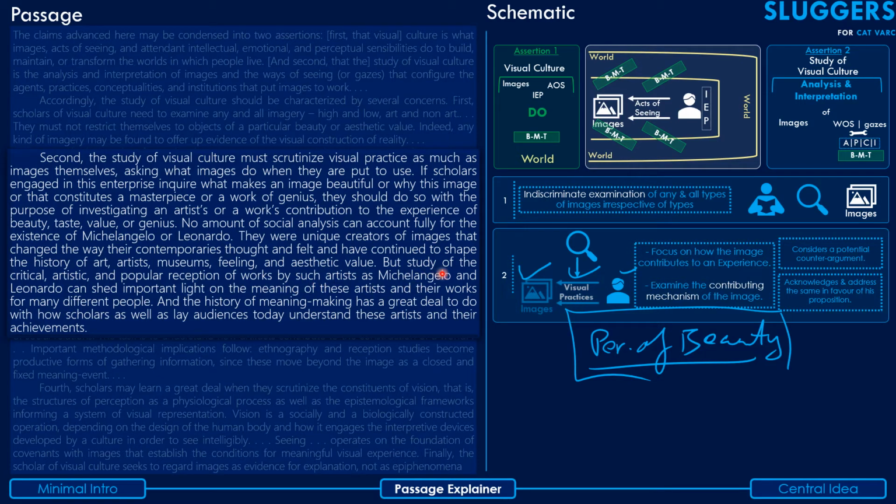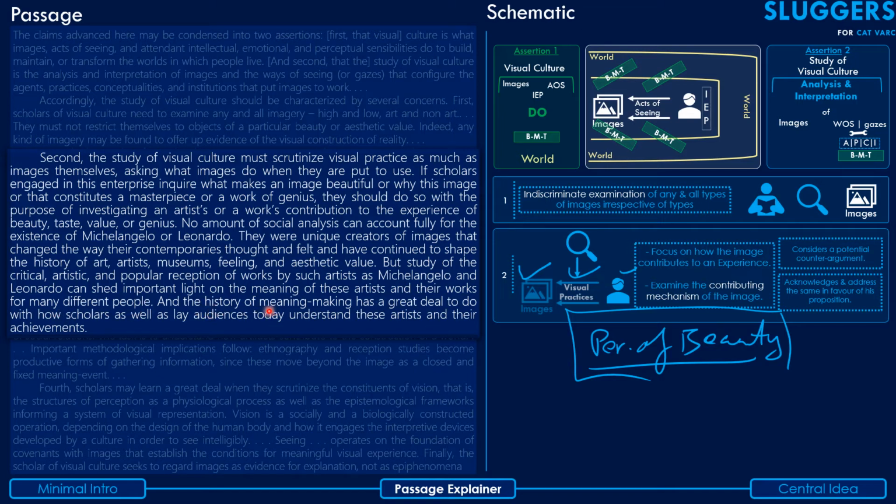Okay, and then he says that, granted that in the case of these great artists the image, the first factor, was probably more prominent, still, the study of critical, artistic, and popular reception of works, which again relates to the mechanism here, how the viewer is receiving the works, by such artists as Michelangelo and Leonardo, can shed important light on the meaning of these artists and their works for many different people.